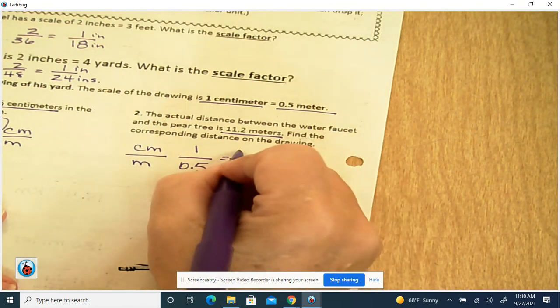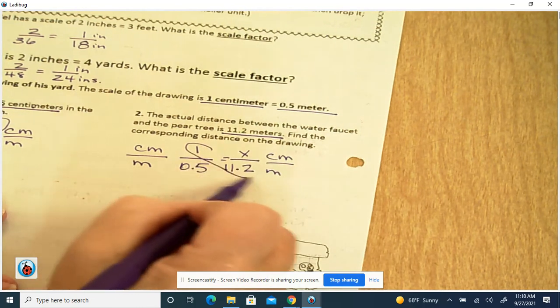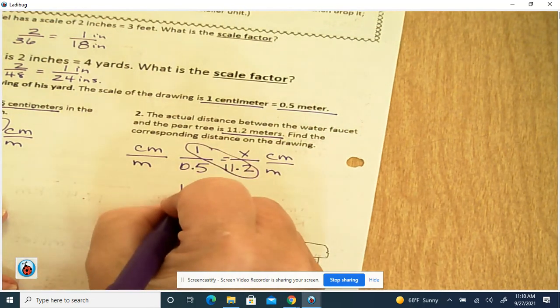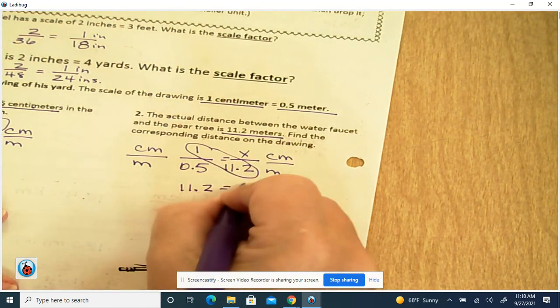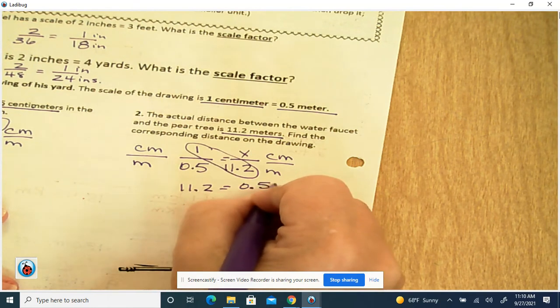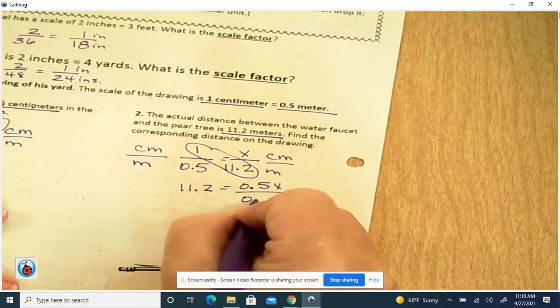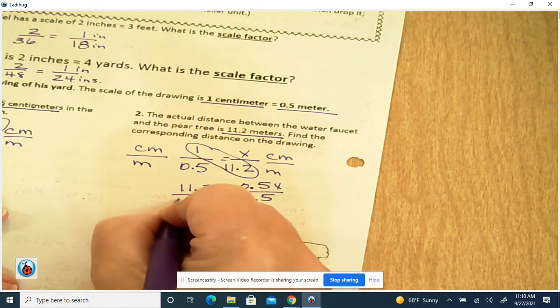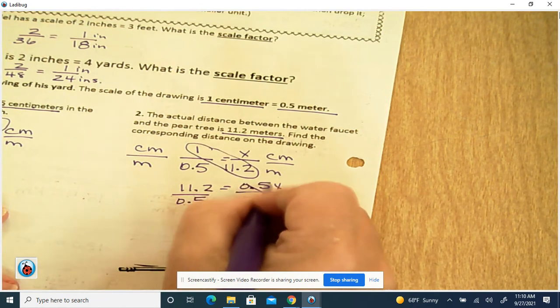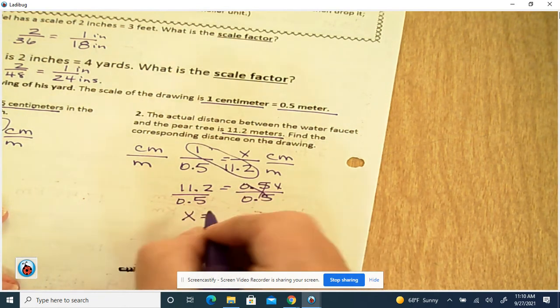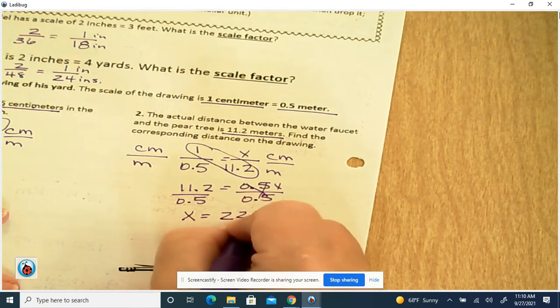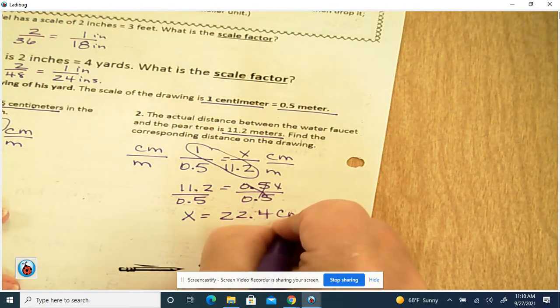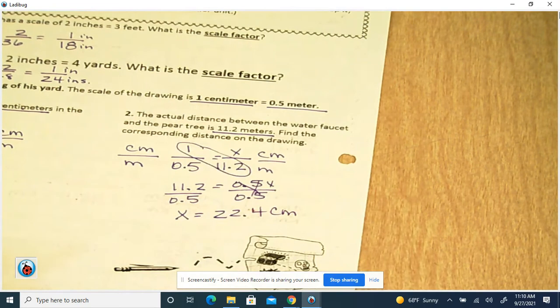Find the corresponding distance on the drawing. So here we have to multiply them, and we get 11.2 equals 0.5x. So we're going to divide by 0.5. That cancels them out. The variable is now by itself, and we get 22.4 centimeters. And that's how far it is on the drawing.